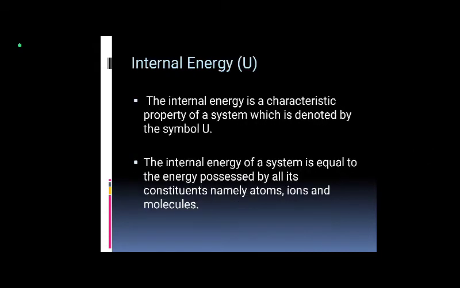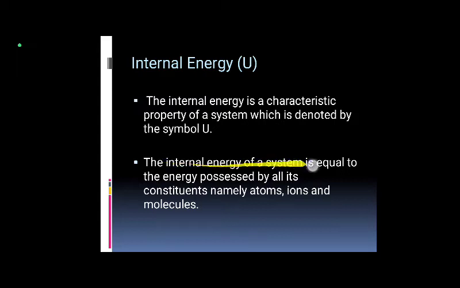Next, internal energy. Now what is this internal energy? The internal energy is a characteristic property of a system which is denoted by the symbol U. Sometimes they will denote it as capital U, sometimes as capital E, but both mean the same.